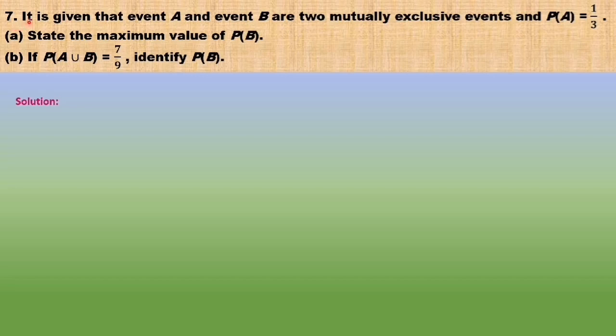Number 7. It is given that event A and event B are two mutually exclusive events and probability A equals 1 over 3. State the maximum value of probability B. So what is the meaning of mutually exclusive?